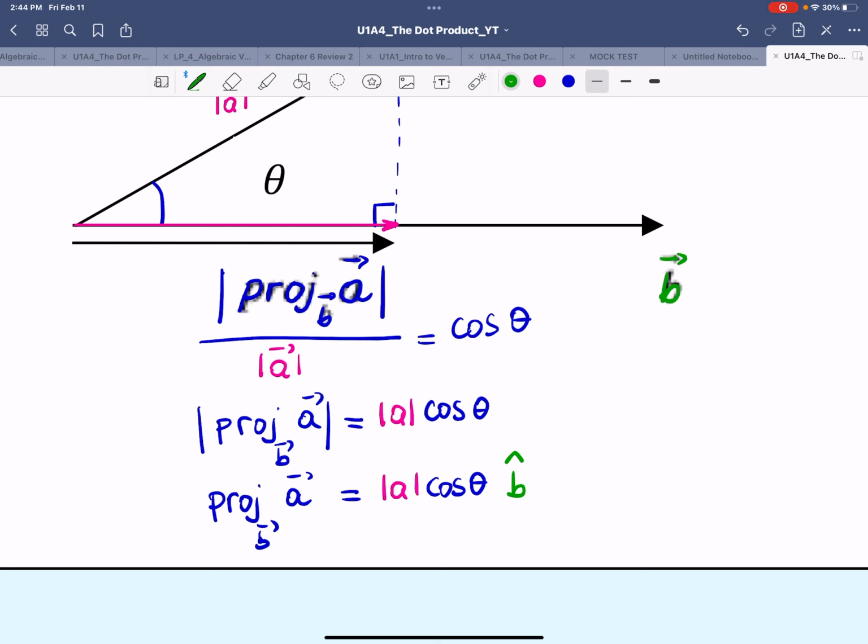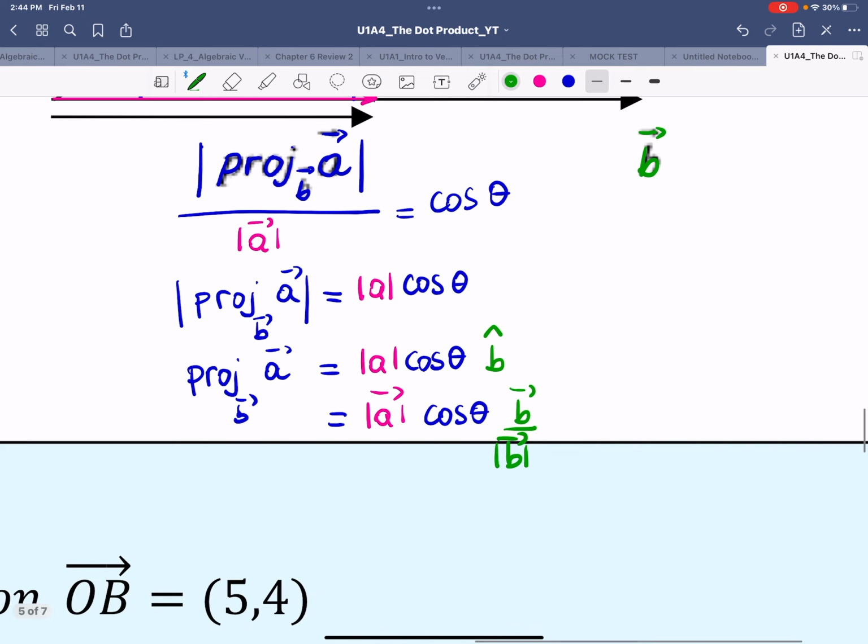Now recall that unit vector B can be written as vector B divided by the magnitude of vector B.